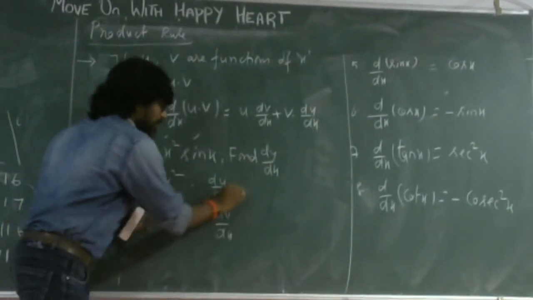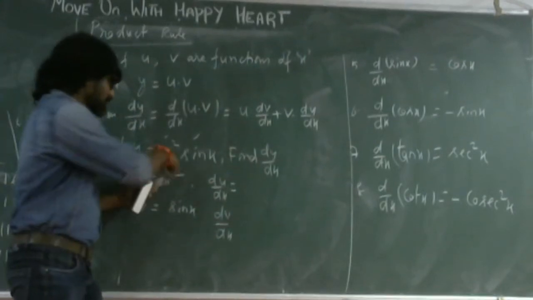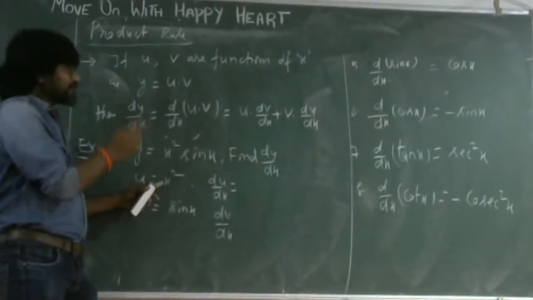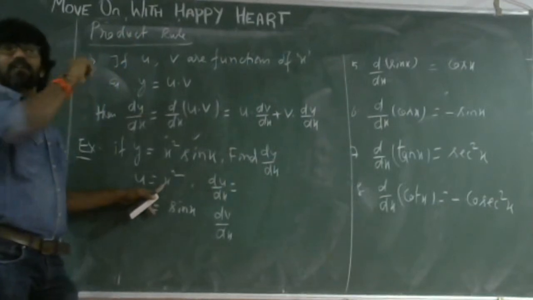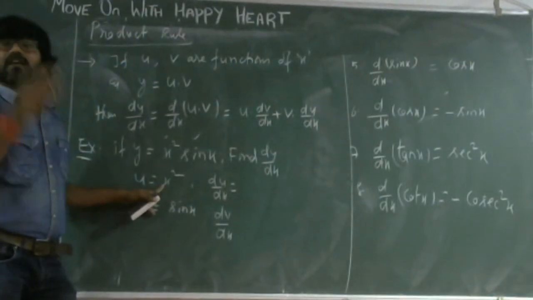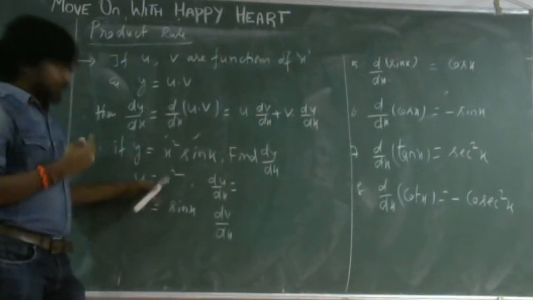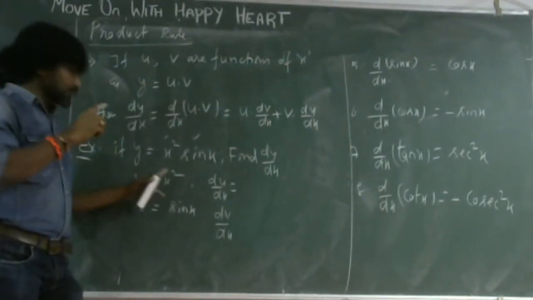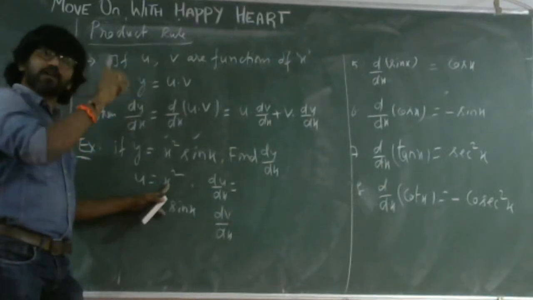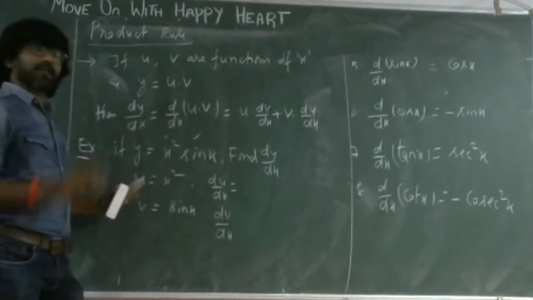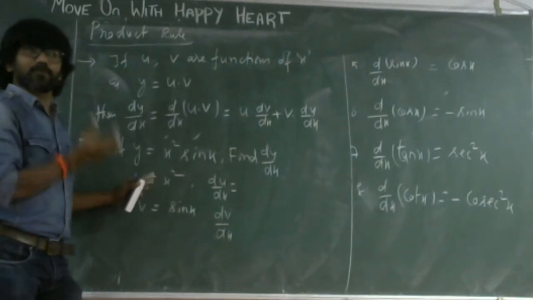Are you following? du by dx is equal to what? d by dx of x square. For x square you have to use the power rule. The power rule is d by dx of x power n is n into x power n minus 1. Here in place of n we have 2, so 2 into x power 2 minus 1, which is 1. So 2x. You can take it directly, as you have already practiced some examples.